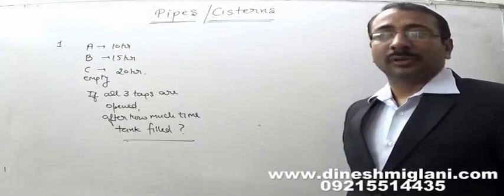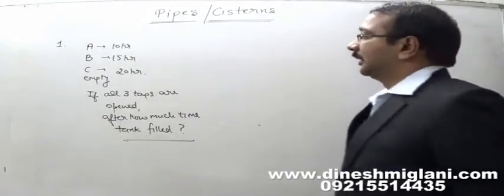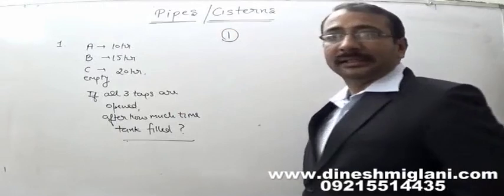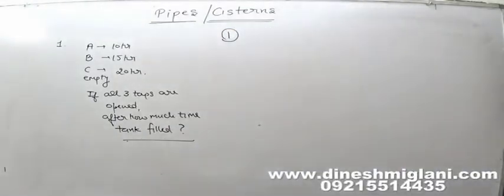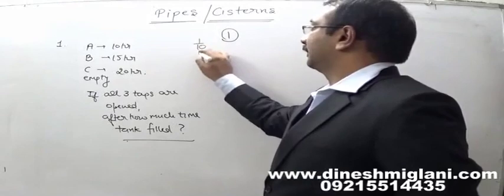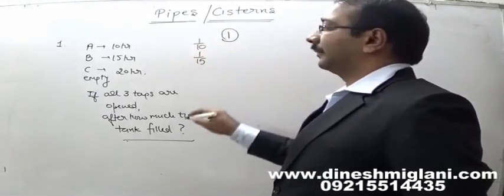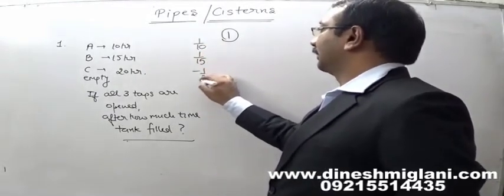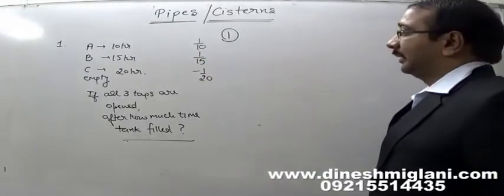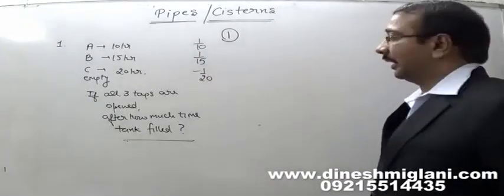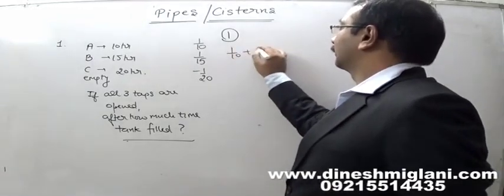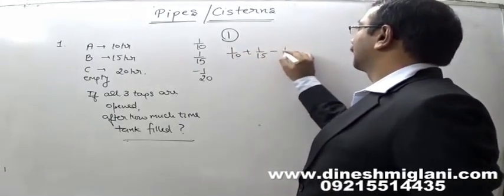So we have understood two approaches in time and work. First one is, let us say the total capacity of the tank is equal to 1. It means first step, A's 1 hour work is 1 by 10. Second, B in 1 hour fills 1 by 15, and C empties 1 by 20. Now if they are working together, just take it as 1 by 10 plus 1 by 15 minus 1 by 20.